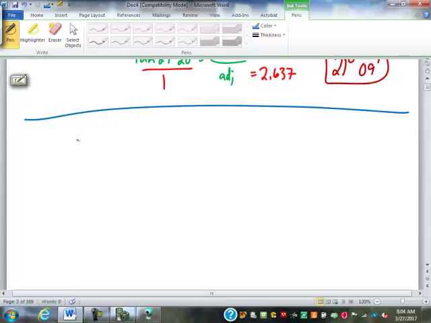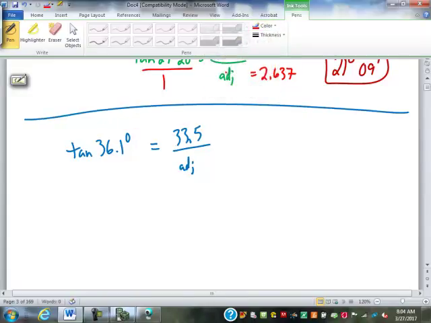Good question. So let's say your tangent 36.1 degree here equals 33.5 over the adjacent side. Remember we talked about proportions, cross multiply and divide?